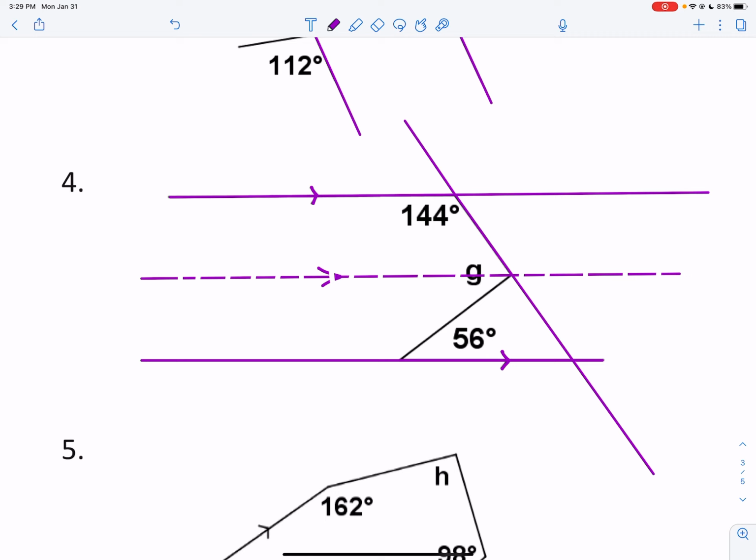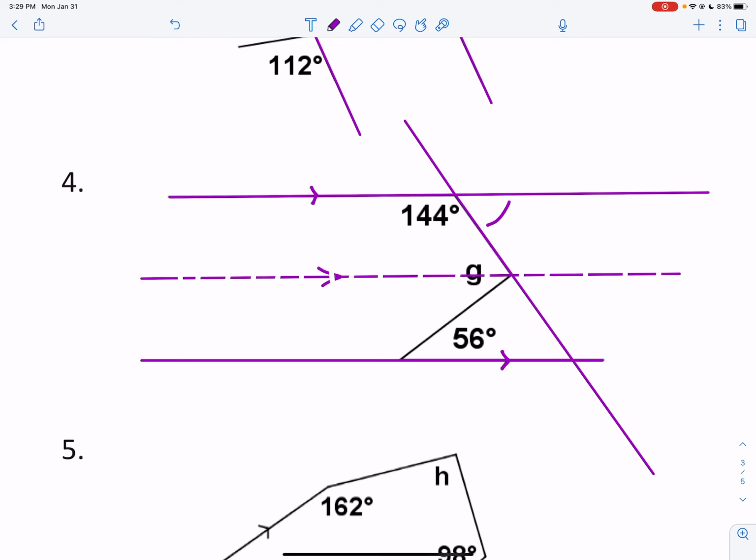Does everybody see how I've extended that top part of that line segment? So we've extended that top one. That's important because we don't want to accidentally get different angles from this versus the other one. So we need to figure out what this angle is.